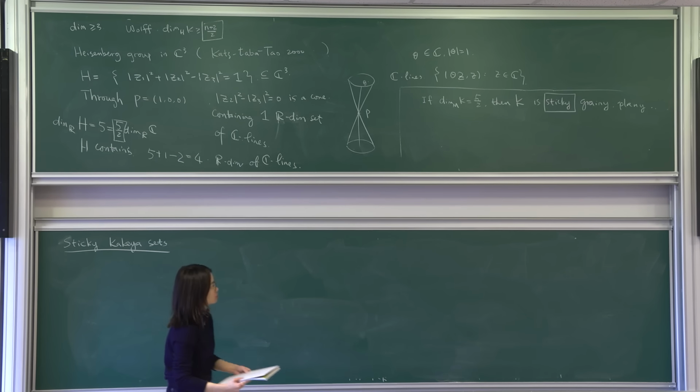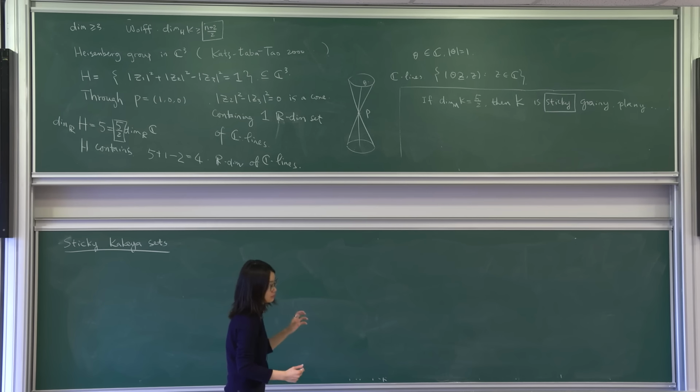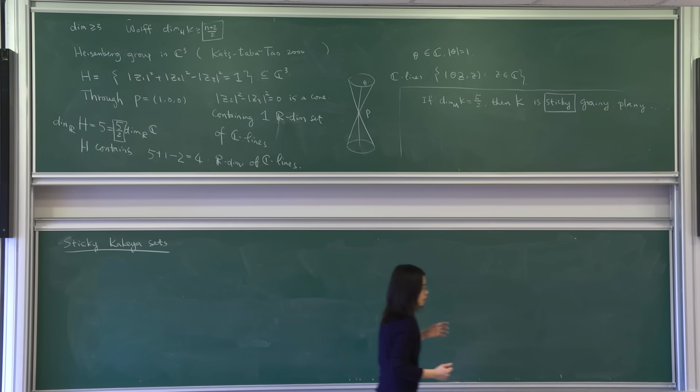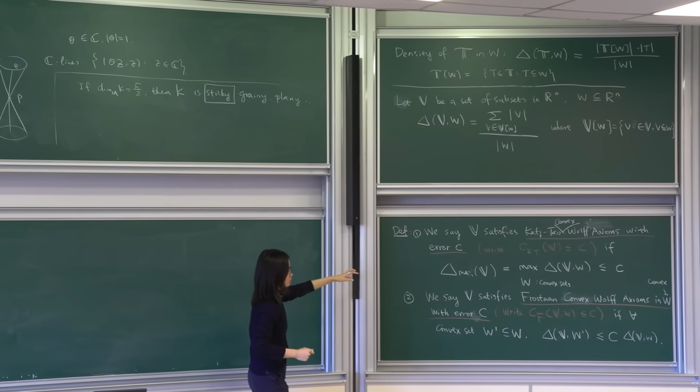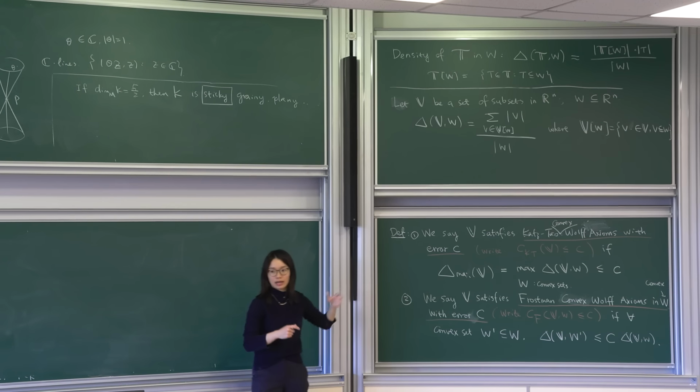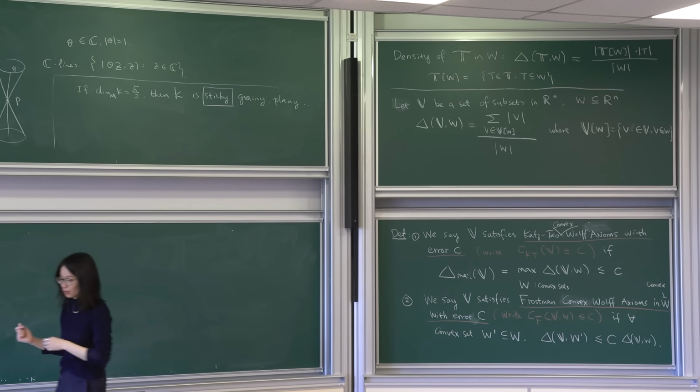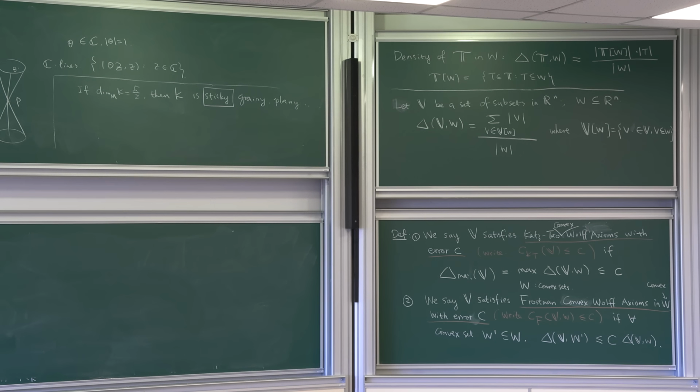Our definition of stickiness is slightly more general than what Katz, Laba, and Tao define in their proof. Roughly speaking, a set of delta tubes is sticky if it satisfies those Wolf axioms at every scale. But I will define rigorously what it means.